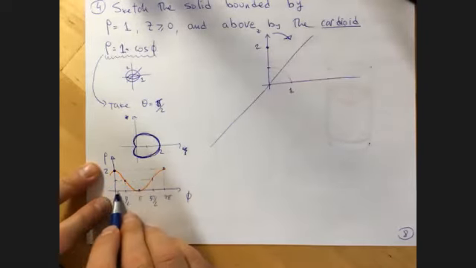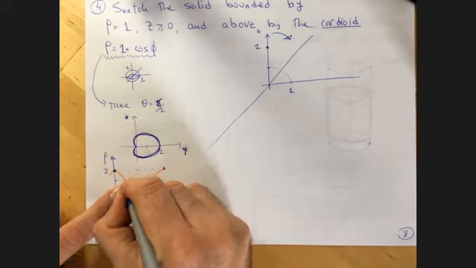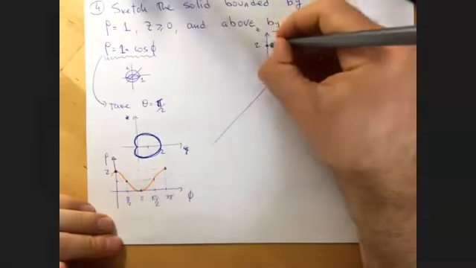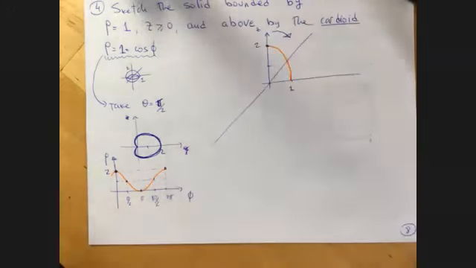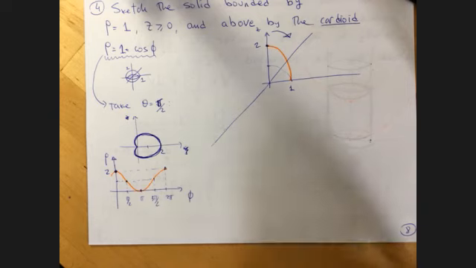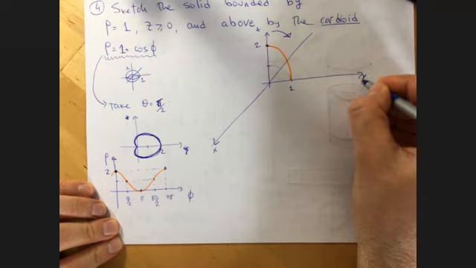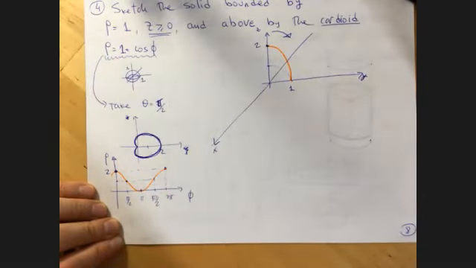As I go towards pi over 2, rho comes down to 1, right? So basically, this here is going to be the sphere in 3 dimensions. Why do I stop right here? Because of this bound here, z is always positive.